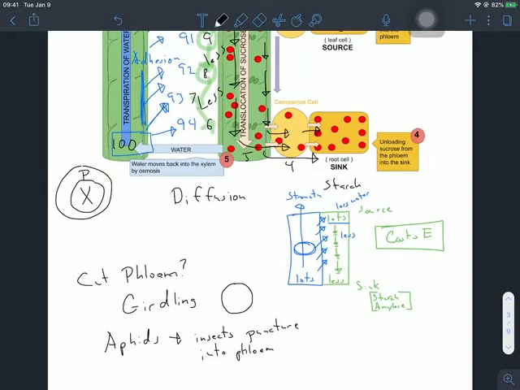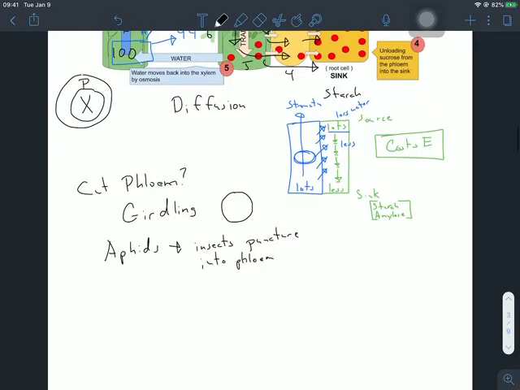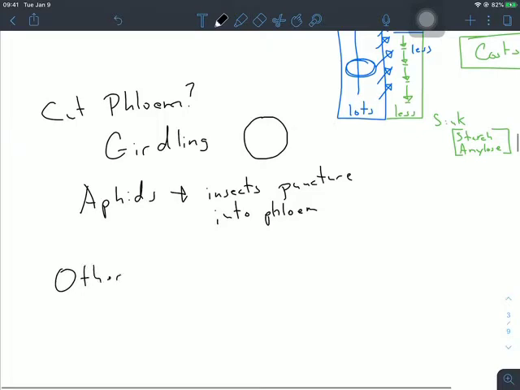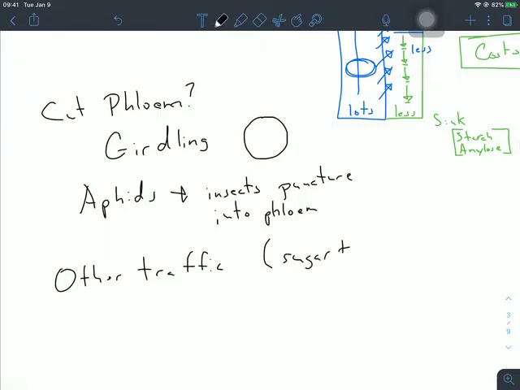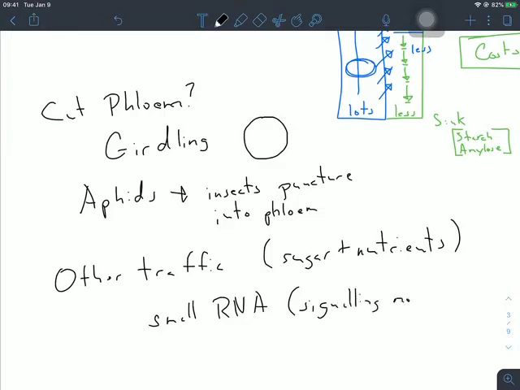But other things that move through the phloem, other traffic, besides sugar and nutrients, are molecules called small RNAs. These are signaling molecules. So stuff like stress or defense can be moved throughout the phloem in the form of small RNAs.